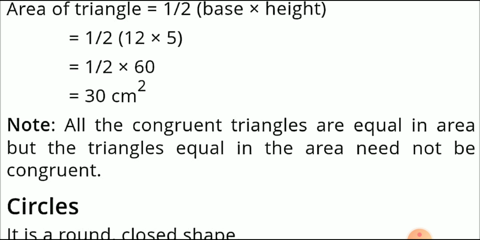But it doesn't mean that if the areas are equal then the triangles are congruent. One more time: if two triangles are congruent, definitely their areas must be equal. But we cannot say that if the areas of two triangles are equal, then the triangles are congruent.